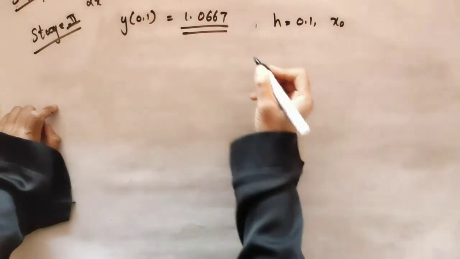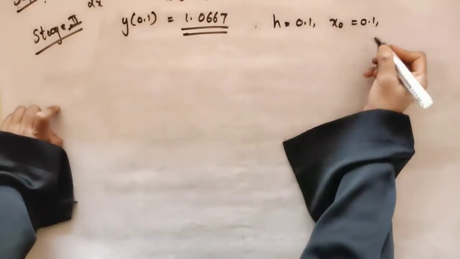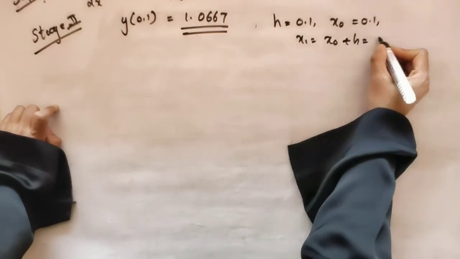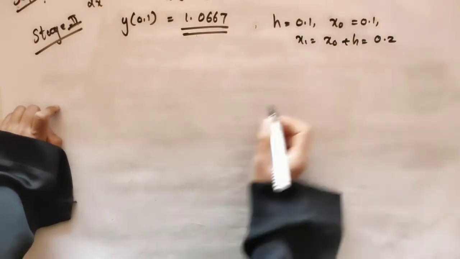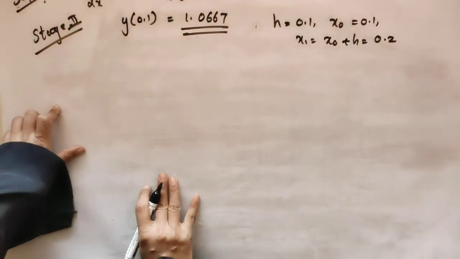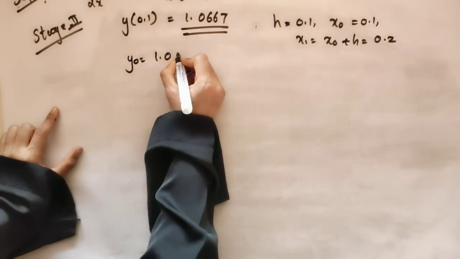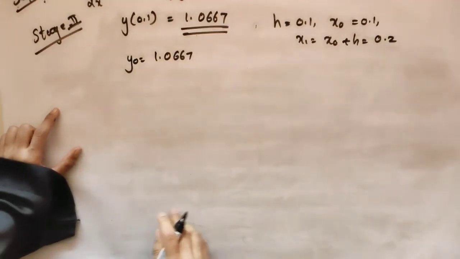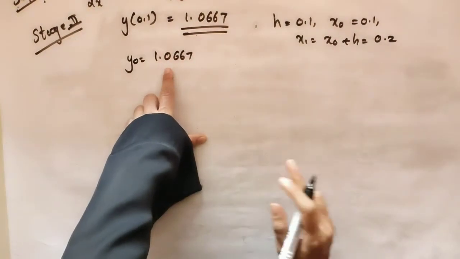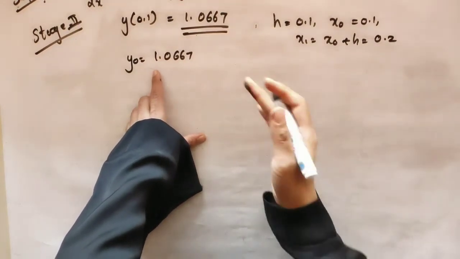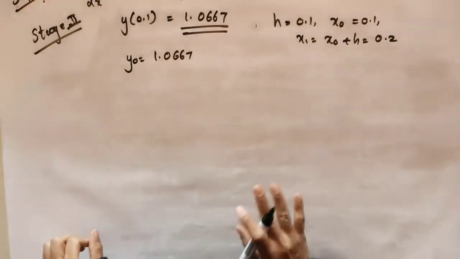Here your x0 will be 0.1, so your x1 will be x0 plus h. That results in 0.1 plus 0.1, which is 0.2. And y0 is 1.0667. That is this value. So the previous stage value, you are going to use it as the initial value for the next stage. Only that you need to do.